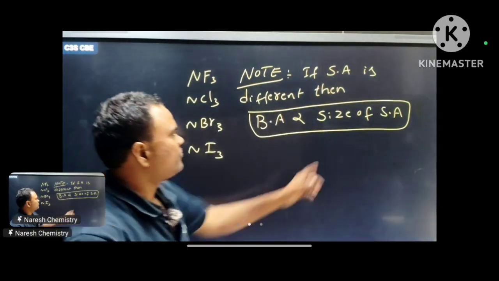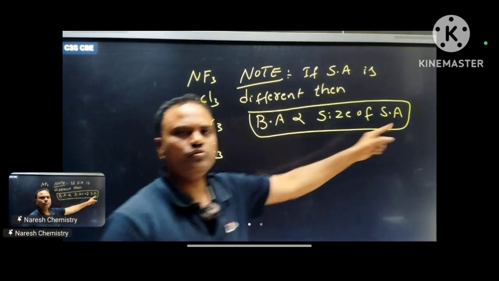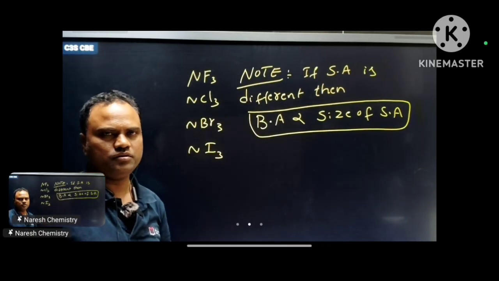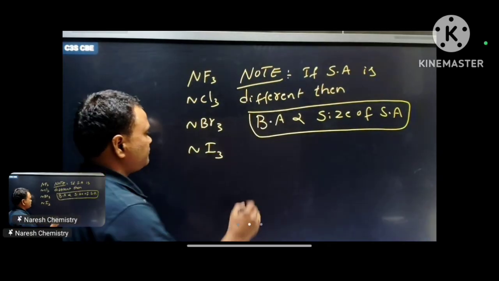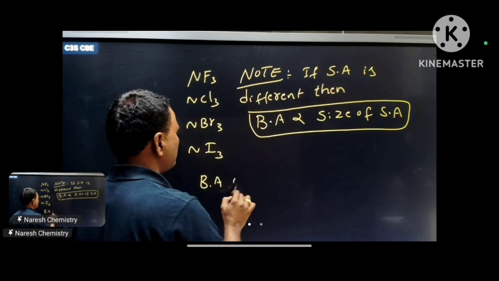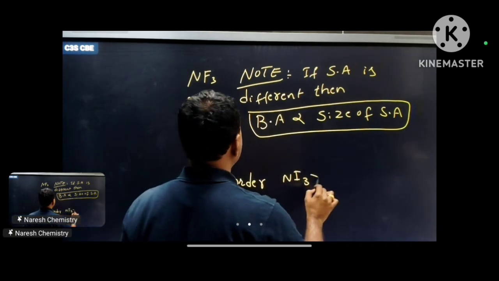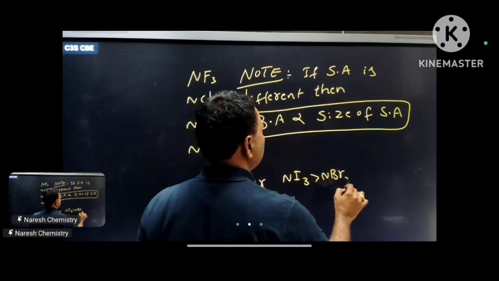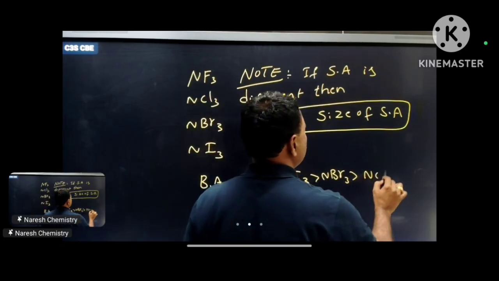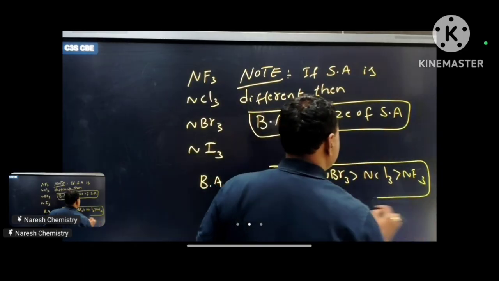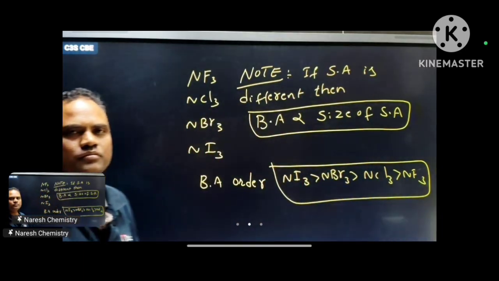Because whose surrounding atom size is more? Iodine, right? So bond angle order: NI3 is greater than NBr3 is greater than NCl3 is greater than NF3. Okay.